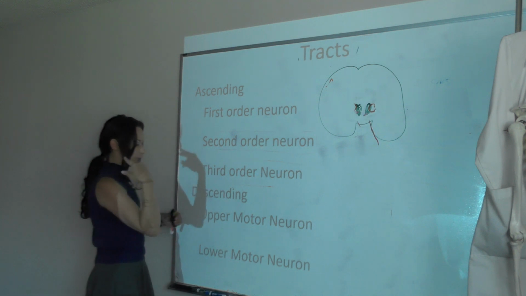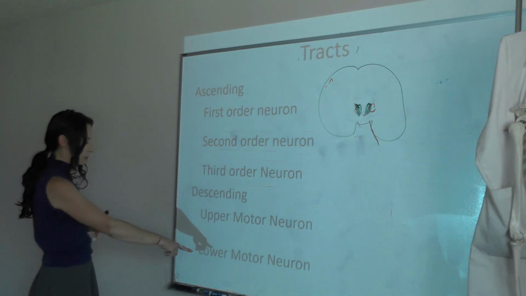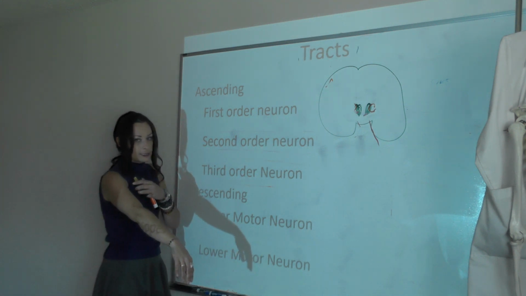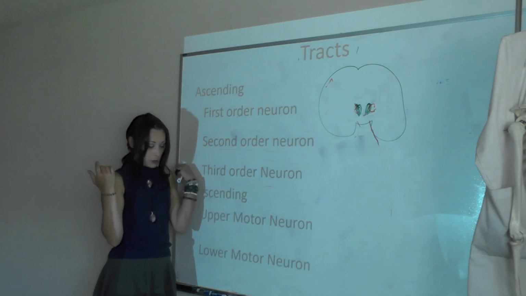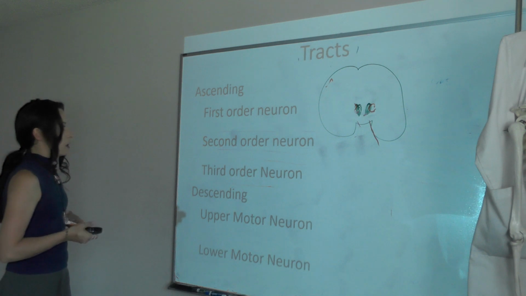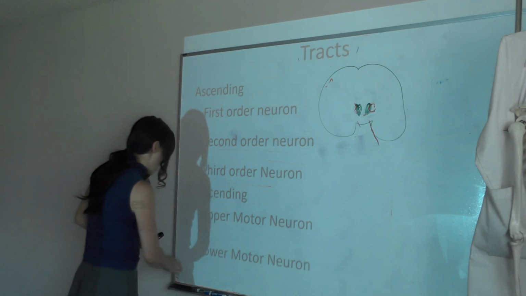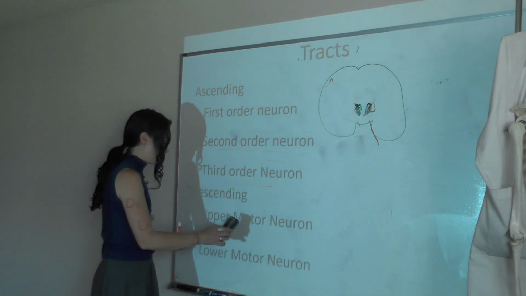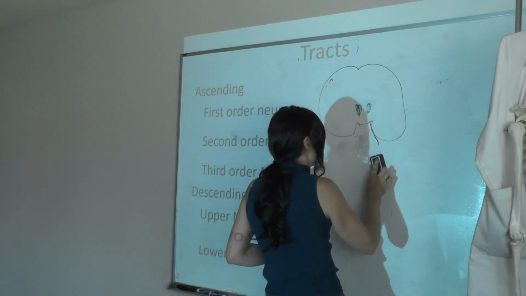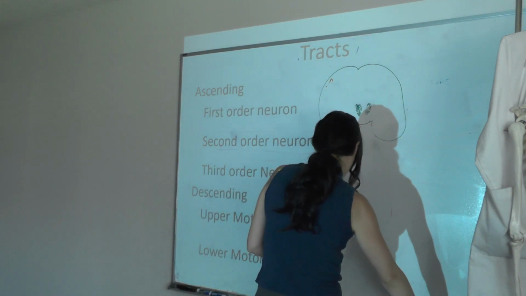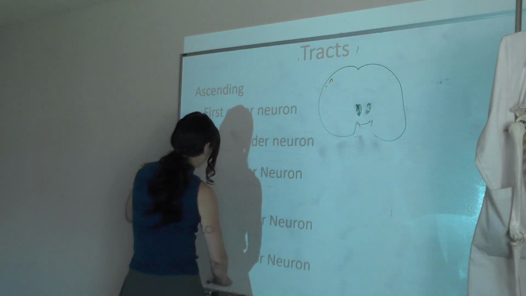And then it's descending to synapse onto a lower motor neuron that is now going to synapse onto your skeletal muscle so that you can move. Okay, so descending tracts now have 2 neurons, and we're not going to name the third one if there's a middle one. Just be aware that there might be a third unnamed interneuron in there.